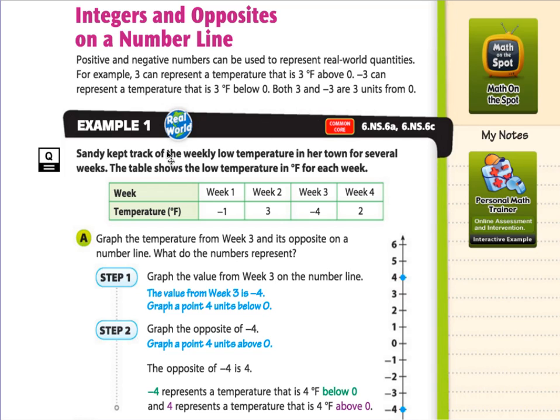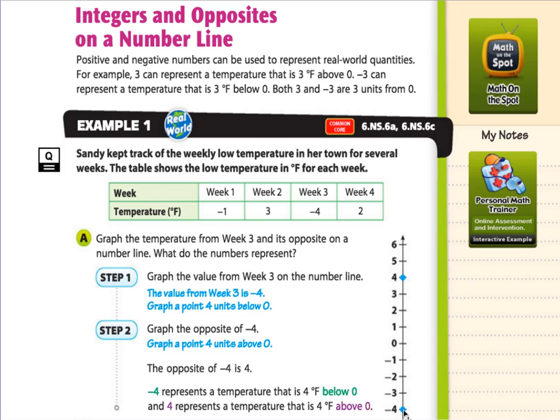Right? So you have this example here of Sandy who kept track of the temperature. And then what she did was she graphed those points. So here we have: graph the temperature from week 3 and its opposite. On a number line, what do the numbers represent? So you graph the value from week 3, which is negative 4.